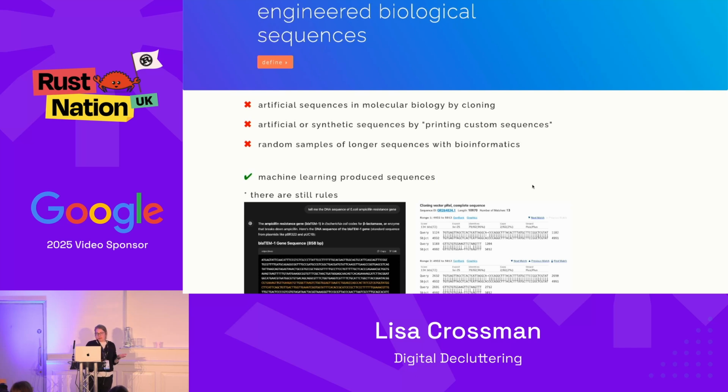There's also what people call synthetic sequences, made by printing custom sequences. That's where you artificially add each base to another one, so you can decide your sequence in advance. You can't usually print that many in a row, and it soon gets quite expensive. People call them synthetic sequences, but they're also physical sequences, so I'm not talking about those.